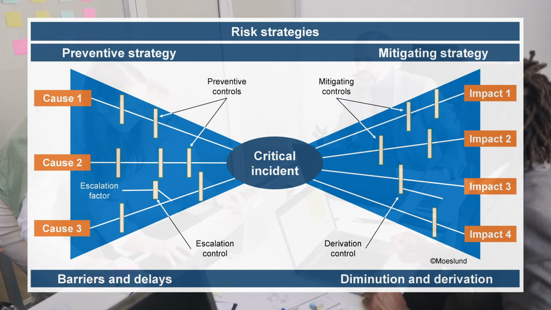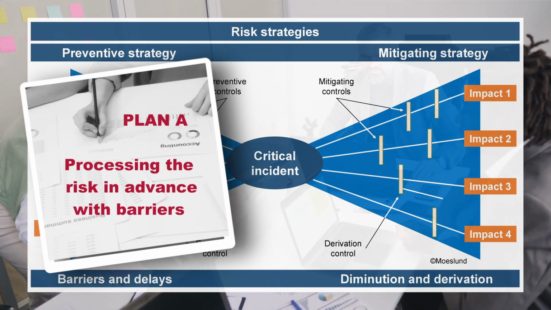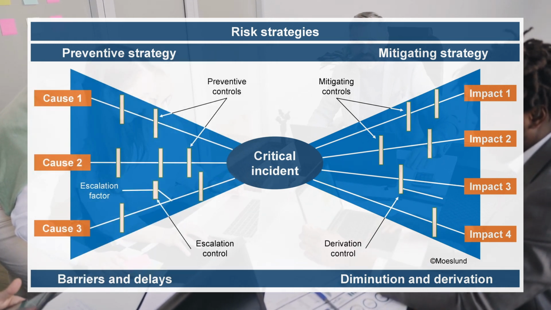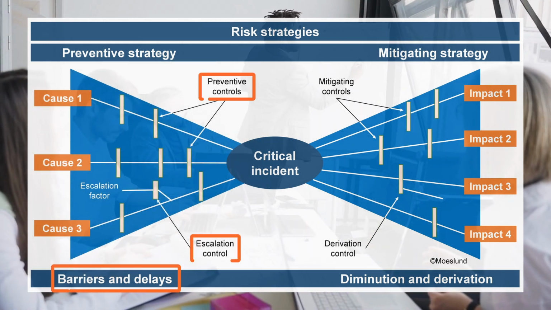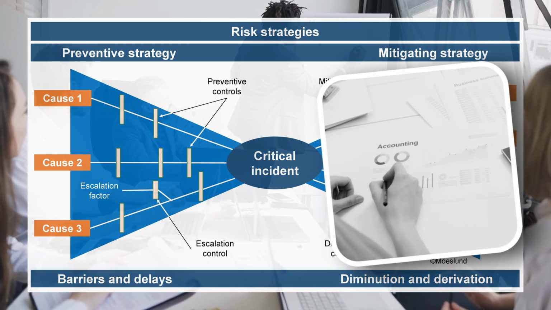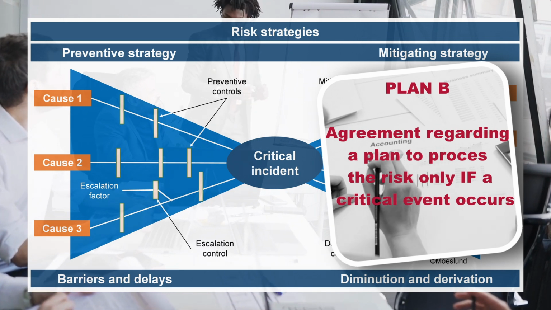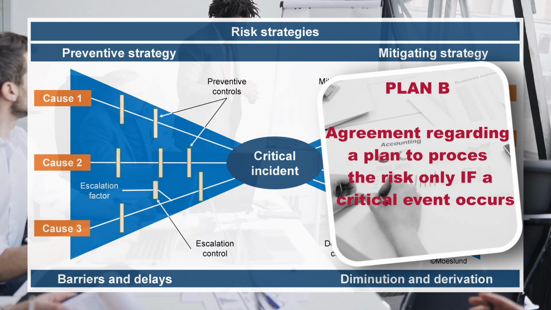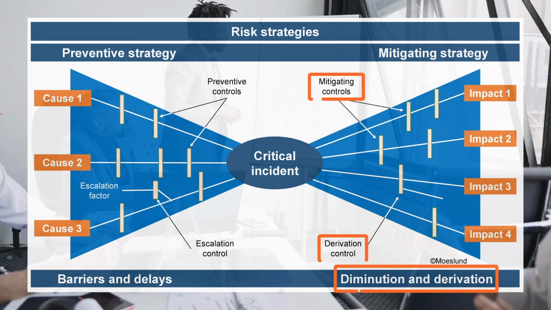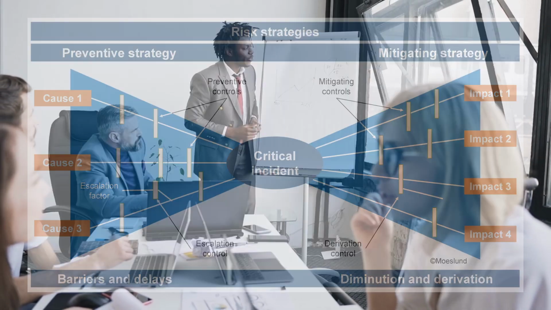With a preventive strategy and a Plan A, we strengthen our position by being proactive in processing the risk in advance before the critical incident could occur. This is done with barriers and controls designed to protect the project. With a mitigating strategy and a Plan B, we strengthen our position by entering in advance into agreements and counteraction measures which will be implemented if, and only if, a critical incident occurs.